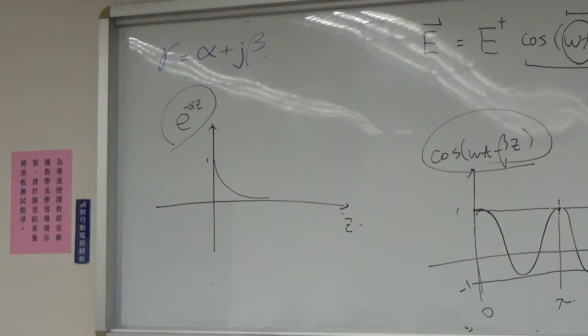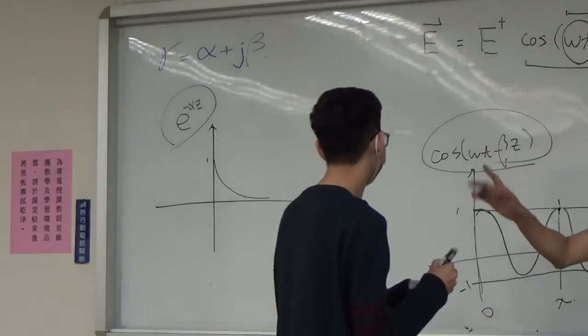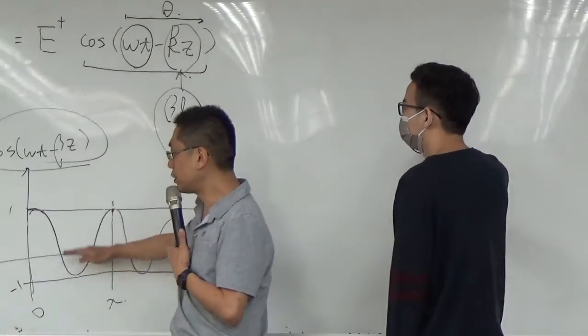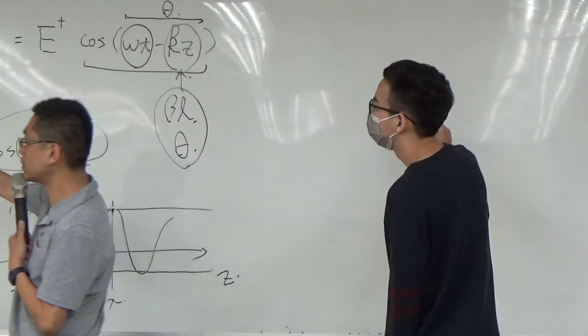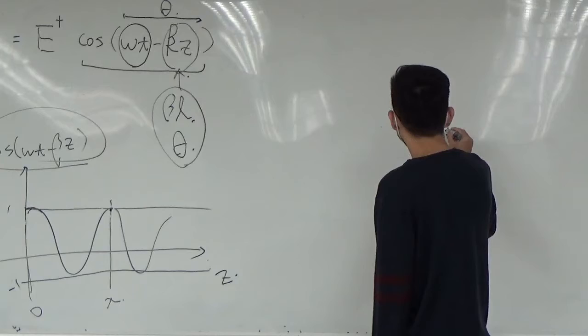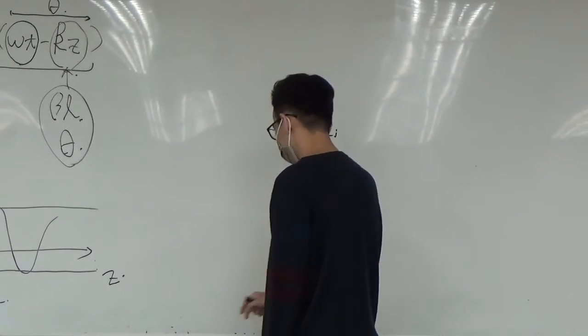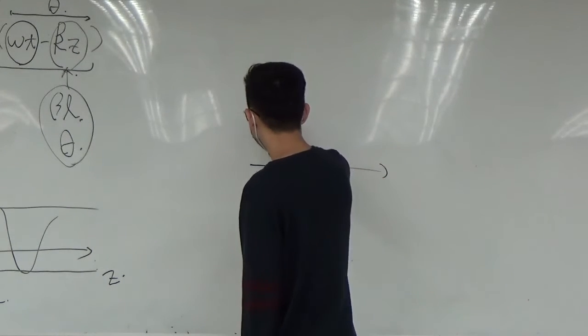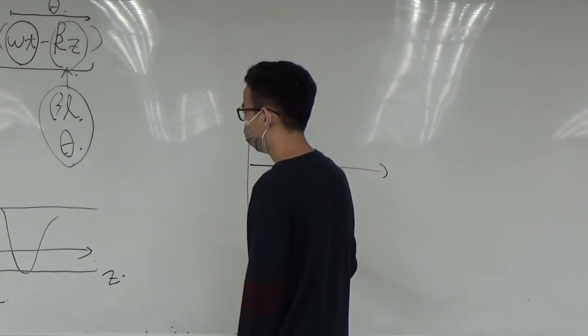Anyone? 5 points. Come. No, draw it. Try to draw it. That's why 5 points. You remember this is 1, right? This amplitude is 1 to minus 1, and this one is something like that. Can you try to draw? If you multiply this to this, too late.